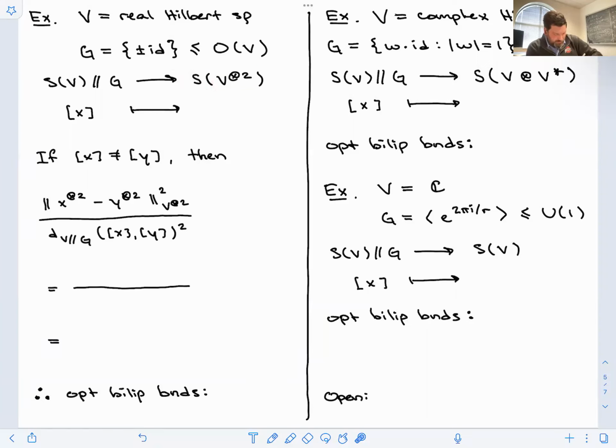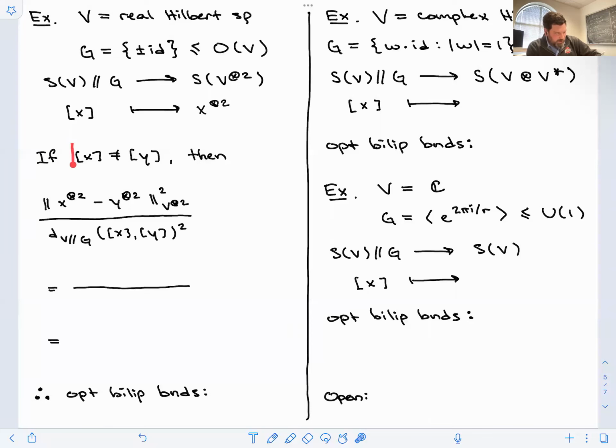Let me tell you how to define this thing. So the class of X is going to go to X tensor itself, X tensor squared. I want to convince you that this is Bilipschitz, and we're going to prove that right now.